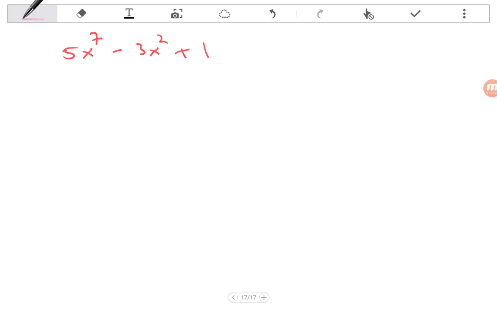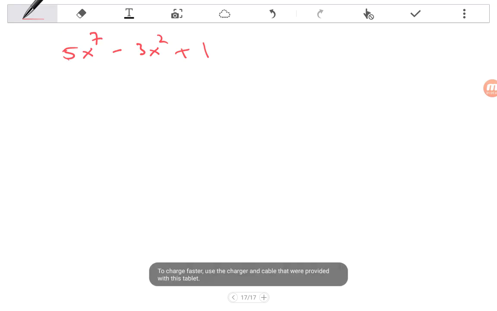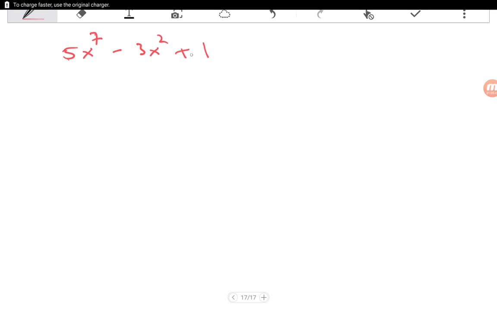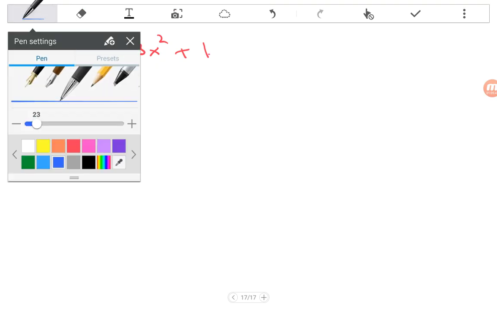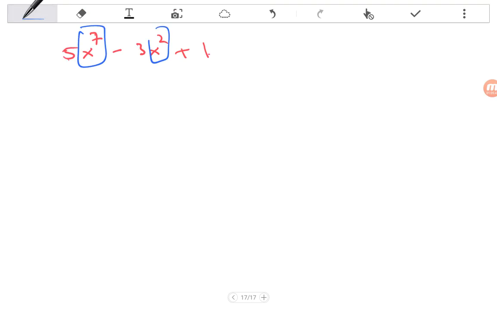Yes, it is a polynomial, because here we have power functions with positive integer powers, and this is a linear combination between them, so this is called a polynomial.